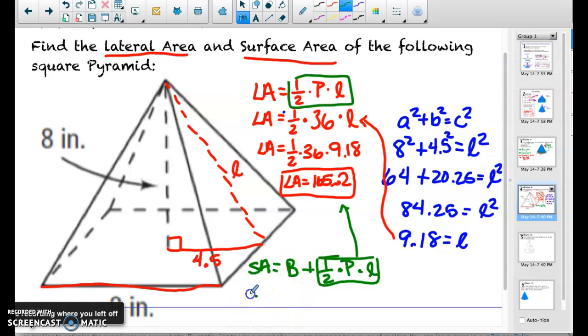So my surface area is equal to, now again, we have to figure out what shape our base is and then calculate the area of that shape. And our base is a square. So we can just find the area of our square and then we're done. So this is 9 times 9, which gives us 81 for the area of our square base. And then I'm going to add to that the 165.2.